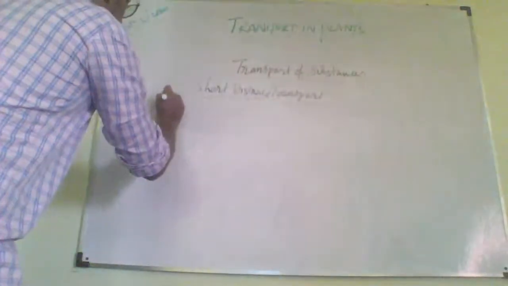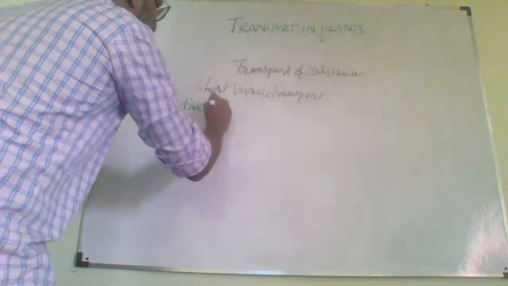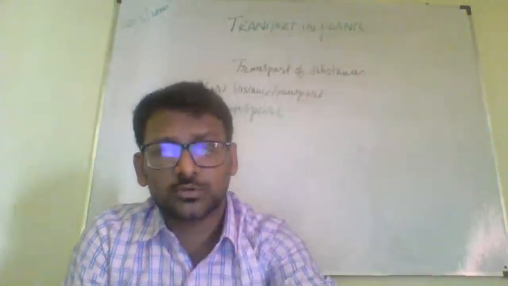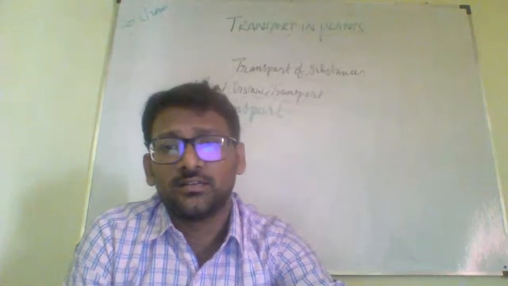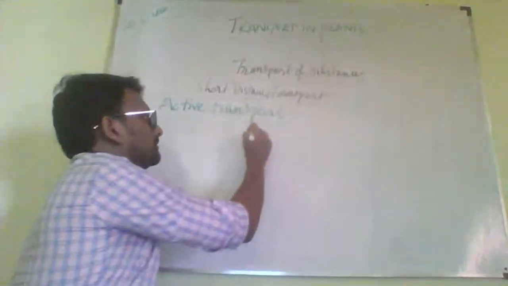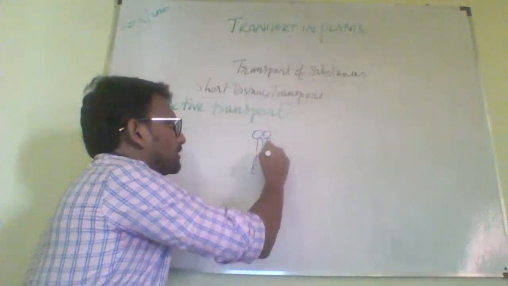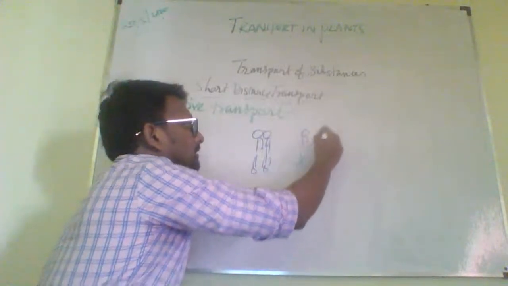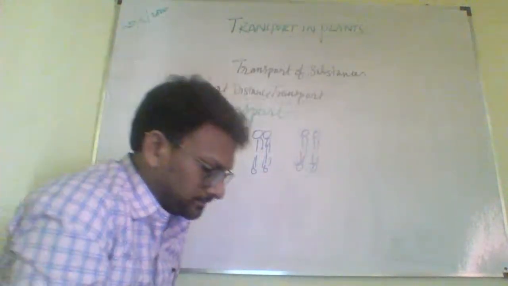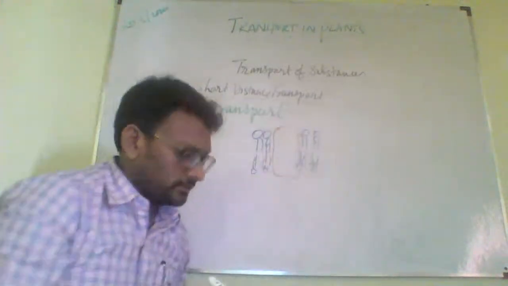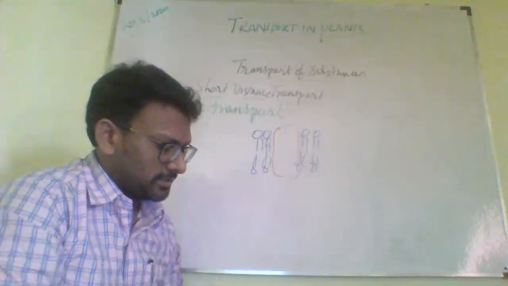So the next aspect is active transport. What is active transport here? In active transport, you will find that energy is needed. Why? Because if you see the same lipid molecules, the lipid bilayer, draw like this, and you have a carrier protein inside.